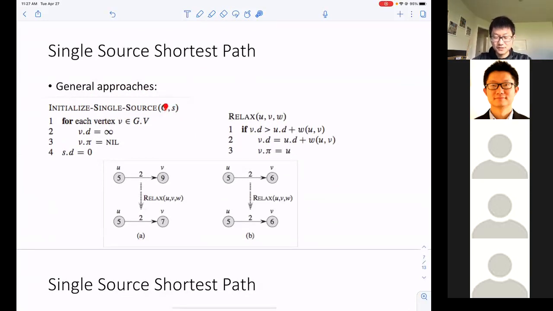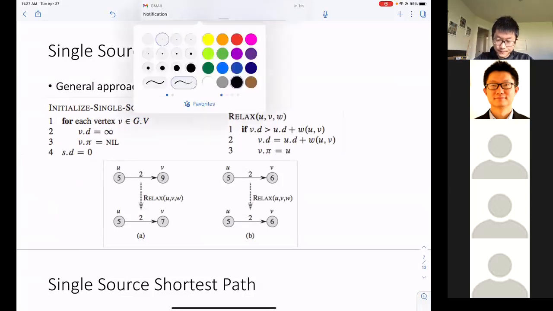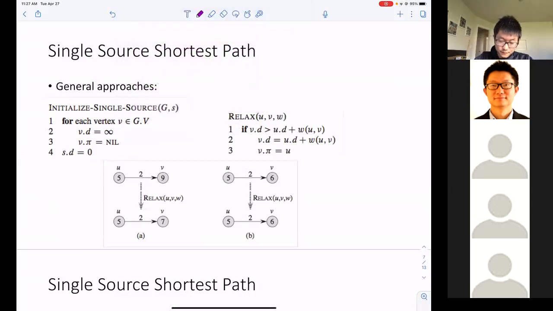So G is the graph and S is the source node. What this algorithm does is that for each vertex that is a part of the graph, it will associate an infinity d and a nil pi. So what do d and pi stand for?